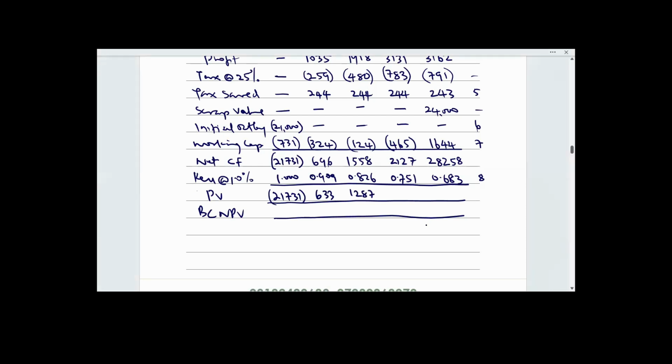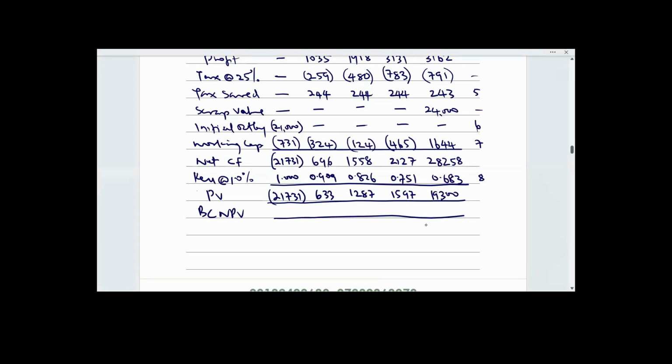Okay, the next one, 2,127 multiplied by 0.751 equals 1,597. Then the last one, 258 multiplied by 0.683 equals 193.